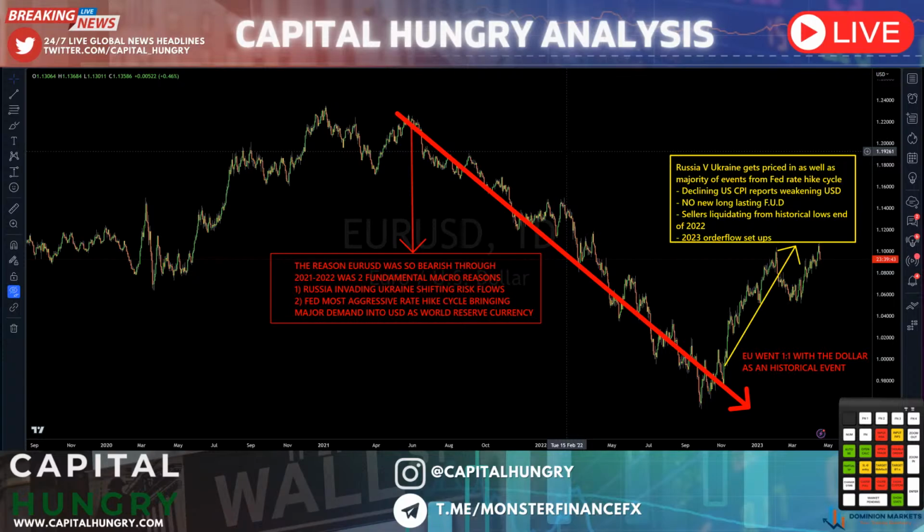Also, later into 2021, going into 2022, the Fed started giving signals and actually taking action towards the most aggressive rate hike cycle we've seen in history, completely shifting their monetary policy mandate from supporting the economies to combating inflation, bringing increased demand in the US dollar.